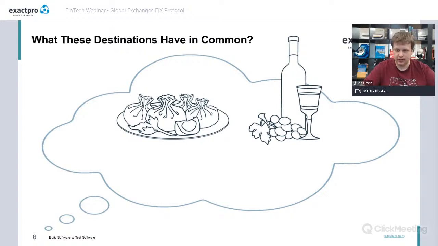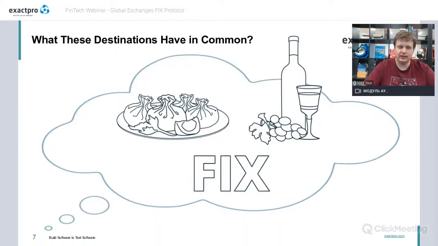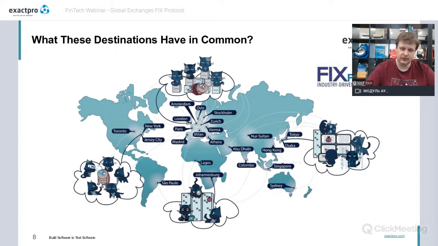It is not a drink. It is a protocol, the FIX trading protocol. The FIX trading protocol is used across all these locations.